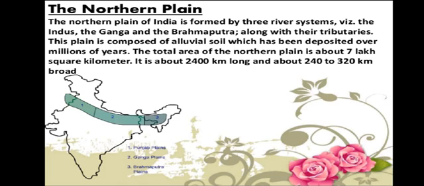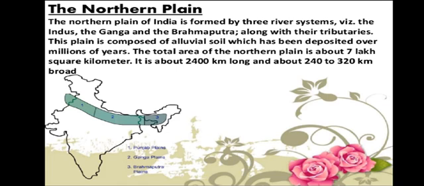Those are the Indus, the Ganga and the Brahmaputra, along with their tributaries. This plain is composed of alluvial soil, which has been deposited over millions of years. The total area of northern plain is about 7 lakh square kilometer.